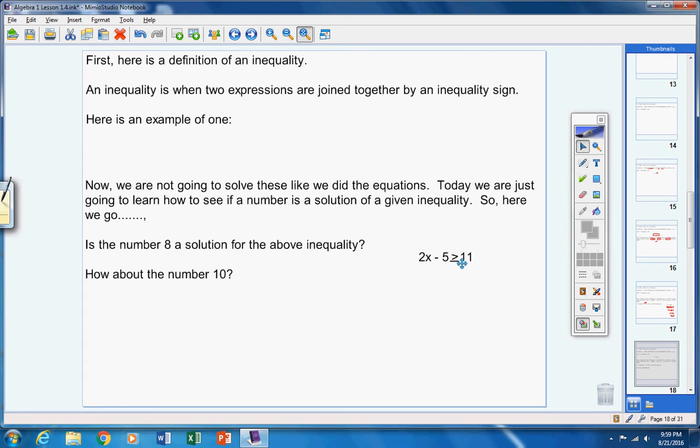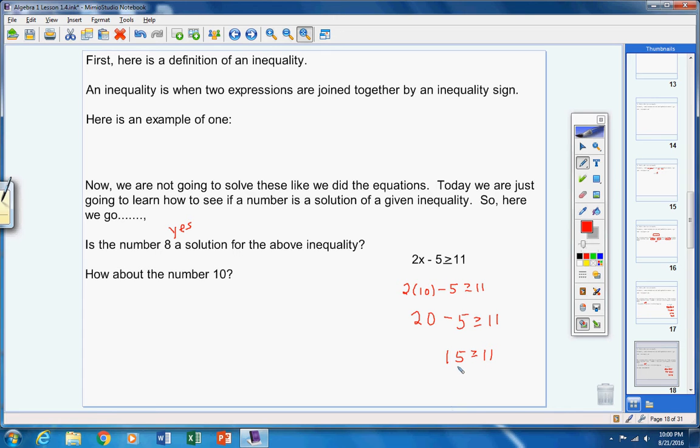Let's take this same inequality and let's test 10. Let's see if 10 works, okay? So far, 8 is a yes. Let's test 10. 2 times 10 minus 5 is greater than or equal to 11. 2 times 10 is 20, minus 5 is 15. 15 is greater than or equal to 11.